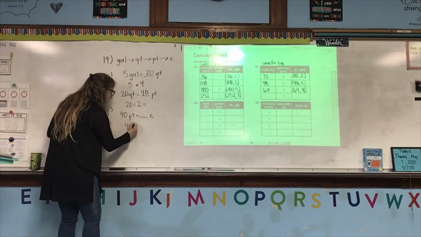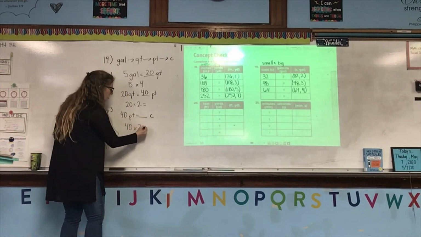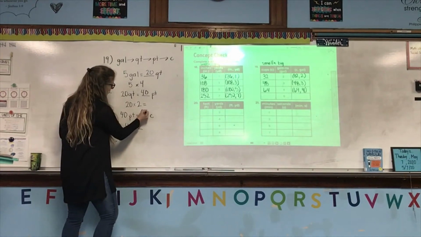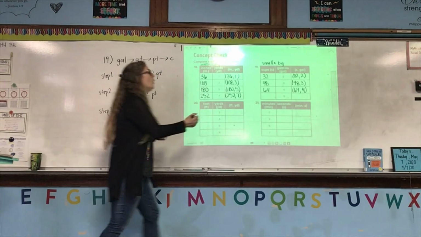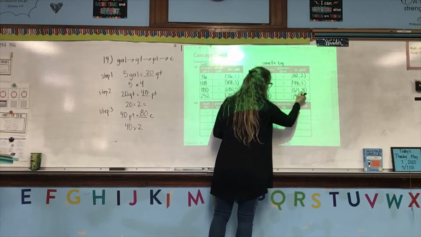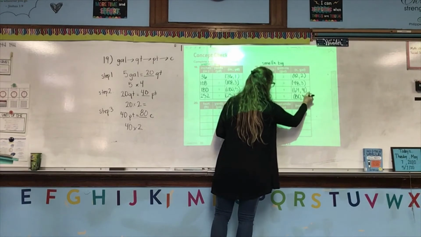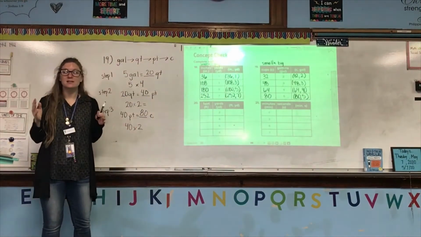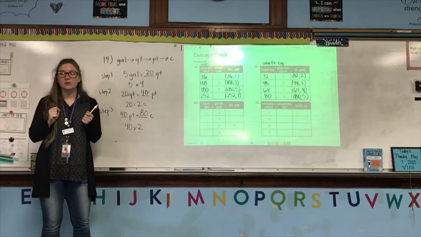We take our 40 pints, multiply it by 2, which is the number of cups in a pint. Basic facts and patterns says that answer is 80 cups, which means that there are 80 cups in 5 gallons.